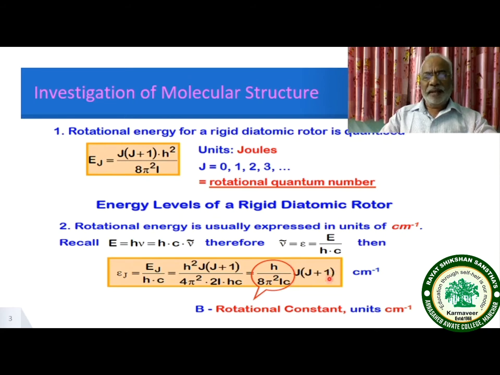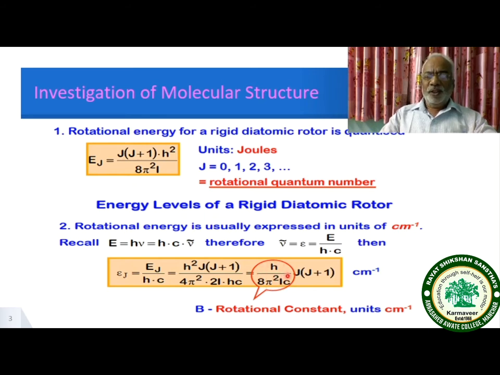This remains as it is. So this is the one multiplying factor. You find here h is Planck's constant, 8 is a constant number, pi is a constant, c is the velocity of light, and I is the moment of inertia of a given diatomic molecule.